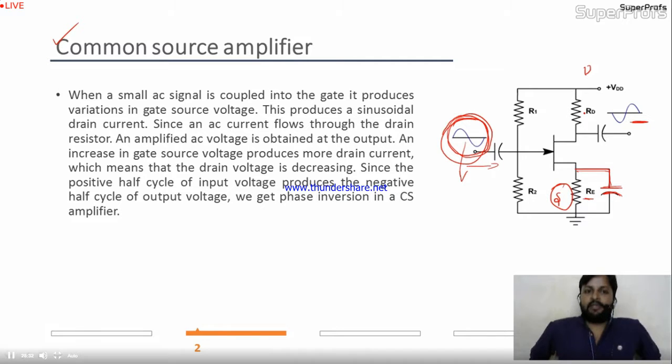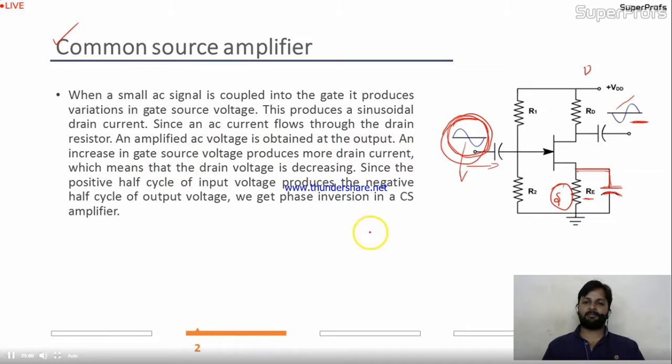Now, when a small AC signal is coupled into the gate, it produces variation in the gate source voltage. Definitely, this produces a sinusoidal drain current, since an AC current flows through the drain resistor. Definitely, an amplified AC voltage is obtained at the output.